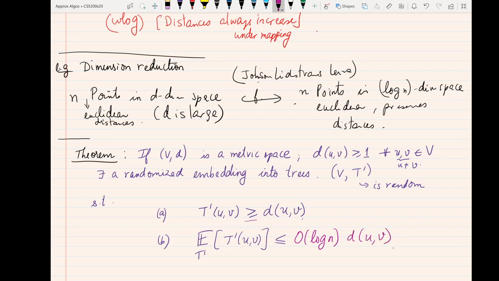That is, distances do increase in the new metric space of the tree, but they don't increase by too much. And the second thing to notice is that the input and the output metric space have the same point set. That is, the points have not changed. You don't need to add dummy vertices.